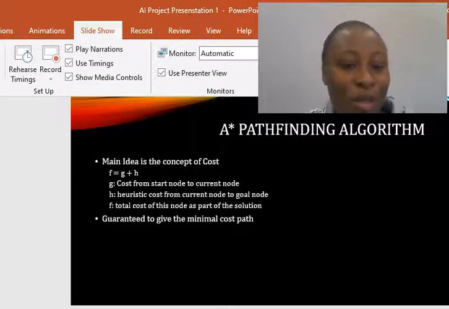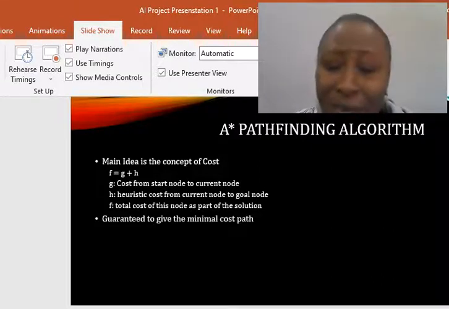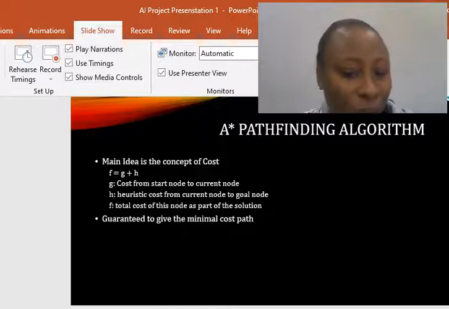So the main concept of this algorithm is the idea of cost. The equation F = G + H is what makes A-star different from other search algorithms. So, quickly breaking down what these values are. G is the cost of moving from the start node to whatever node we are currently on. So let's say we are at some point in the algorithm and have gotten to a certain node that is different from the start node.